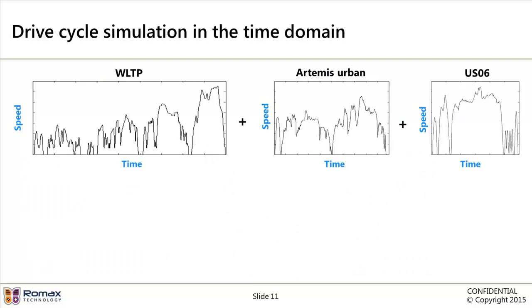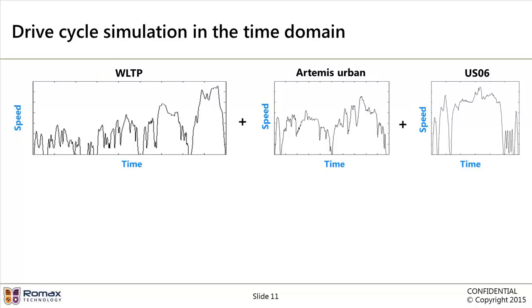Most drive cycle simulations work in the time domain, which means that the simulation runs through the drive cycle, analysing one time step at a time. With that kind of simulation, the time that it takes to run the simulation is proportional to the duration of the drive cycle.